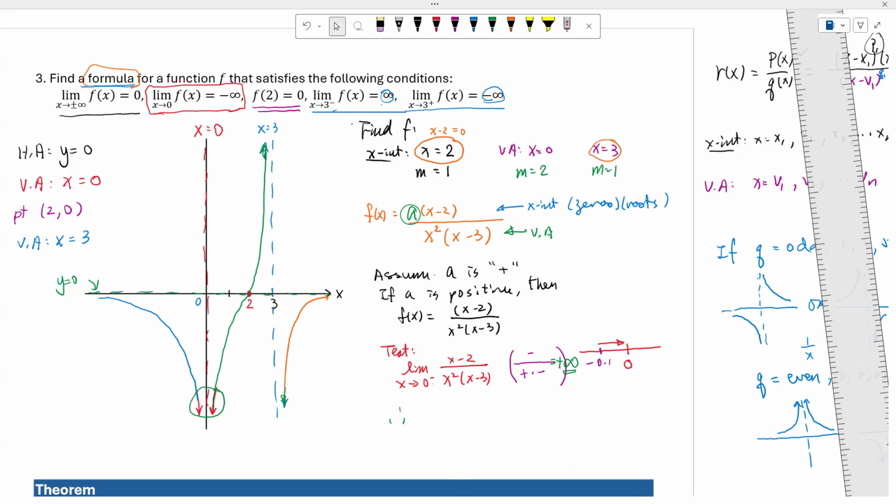Therefore, in this case, a must be negative. So we can conclude that f of x equals negative x minus 2 divided by x squared times x minus 3.